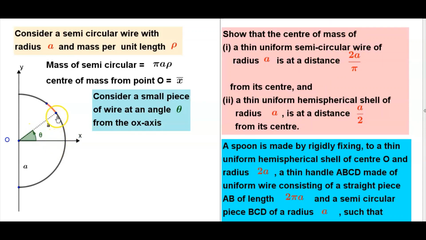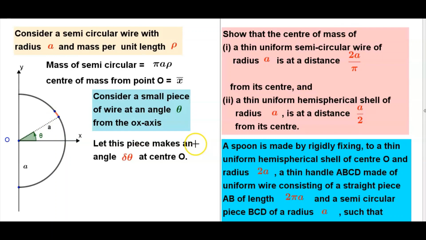At angle theta, consider one small piece of wire, the red colored portion, not a big one like this. You want to consider this one very small. Let this piece make an angle delta theta at the center.